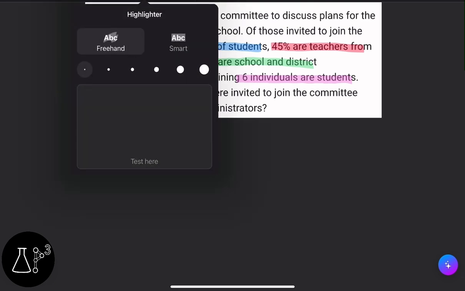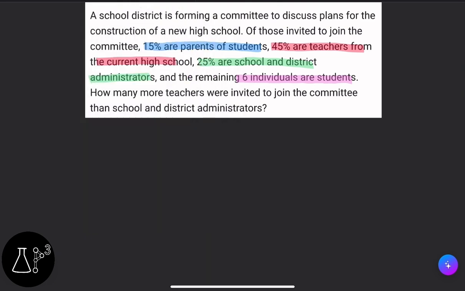So what do we do here? Well, let's add up all the percentages. Everybody in the committee is everybody that's given. So we can conclude that 6 is also a percentage, because everybody that's stated was in the committee.